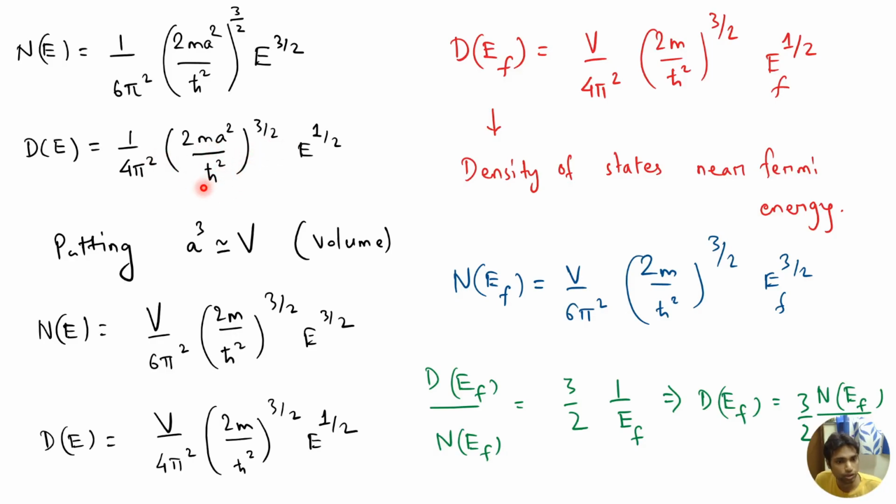Now what you can do is, if you divide these two, d of EF divided by n of EF, you will end up with 3 by 2 times 1 by EF. We want to find the density of states at EF, the Fermi energy.